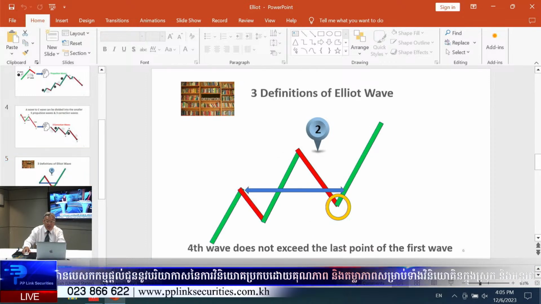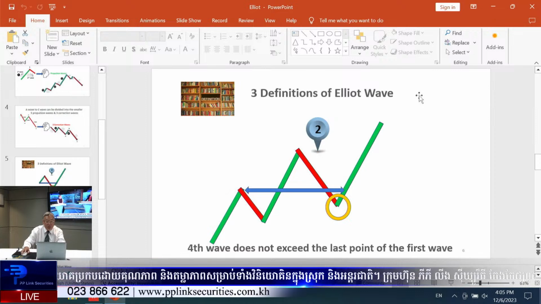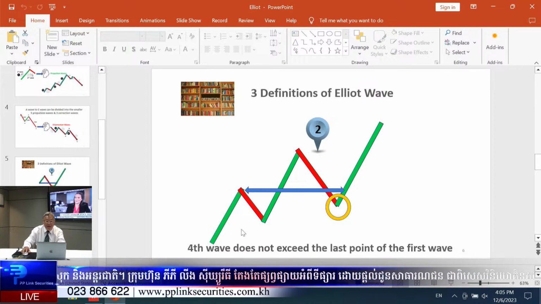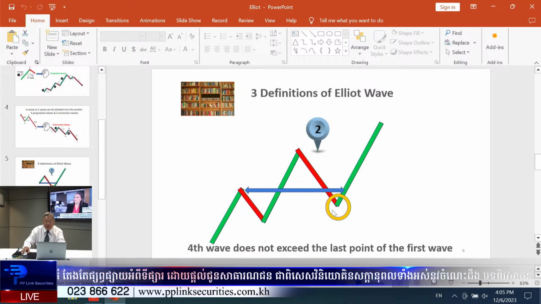And the second of the 3 definitions of the Elliott wave. Number 2, the fourth wave does not exceed the last point of the first wave. Okay, first wave, second wave, third wave, fourth wave. Okay, so this fourth wave will not exceed the starting point.